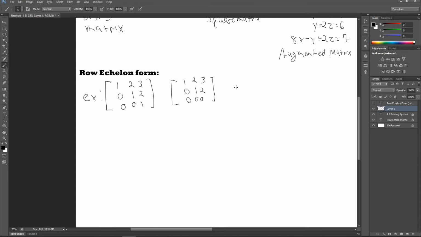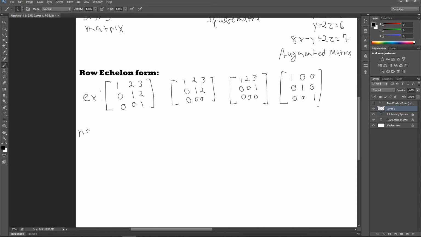This is also an example. 1, 2, 3, 0, 0, 1, 0, 0, 0. And last one, 1, 0, 0, 0, 1, 0, 0, 0, 1.